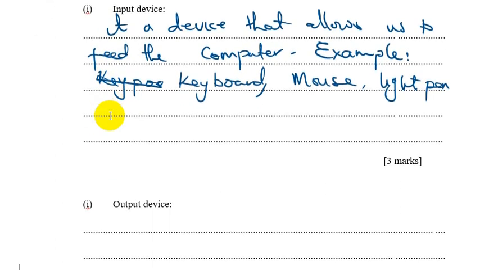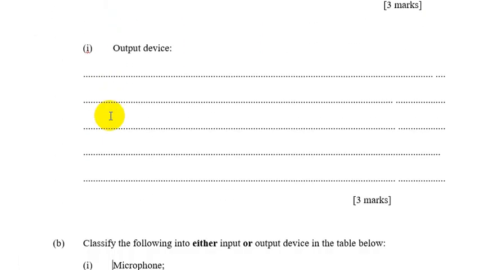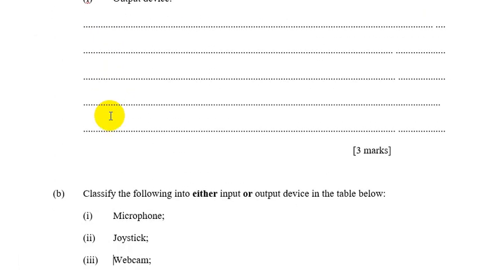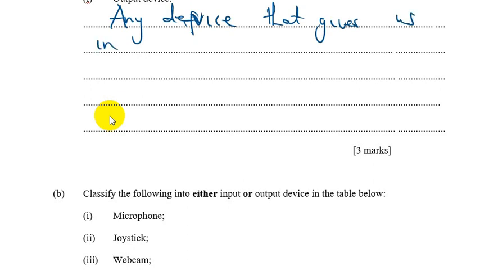Now they said output device. Now it's any device that is able to display information. Okay, when it gives us information, that is output. Okay, any device that gives us information.